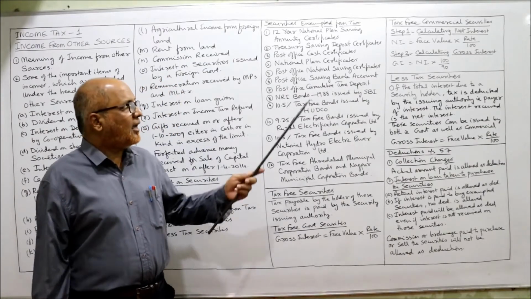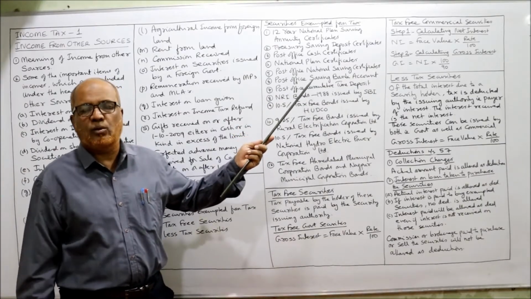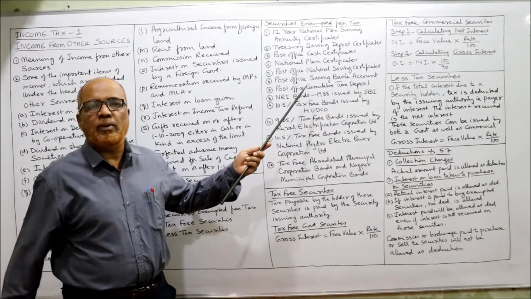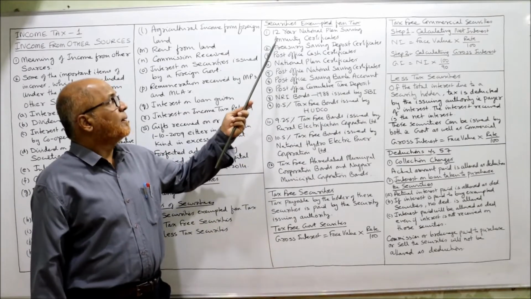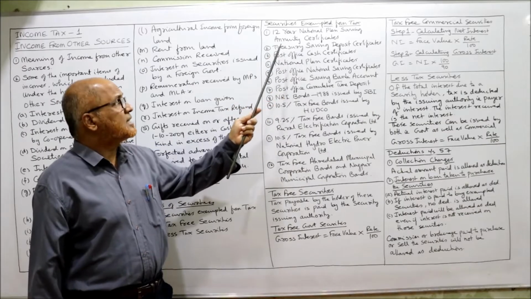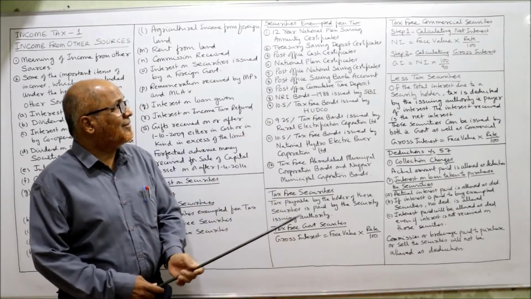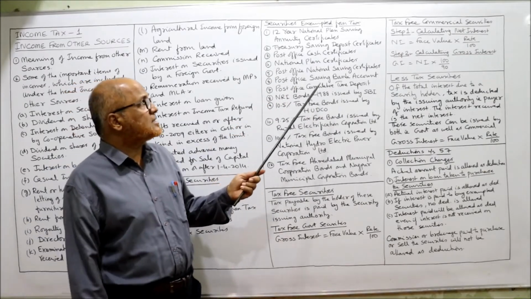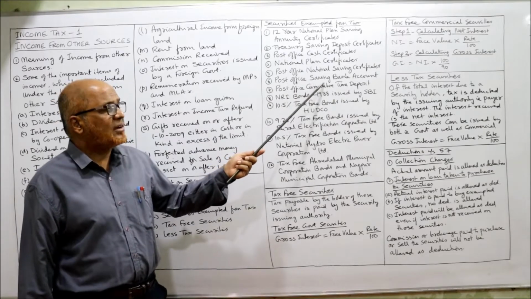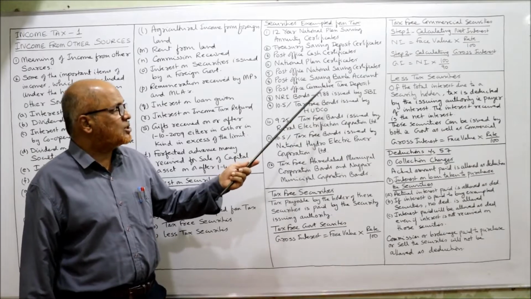Now what are the examples? Again, I have not taken the complete list of securities, only the important securities which will come in the problems. So you have to keep them in mind. First one, 12-year National Plan Savings Annuity Certificate. Second, Treasury Savings Deposit Certificate. Post Office Cash Certificate. National Plan Certificate. Post Office National Savings Certificate. Post Office Savings Bank Deposit Account. Post Office Cumulative Time Deposit.